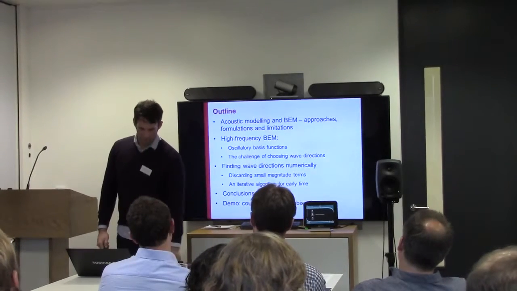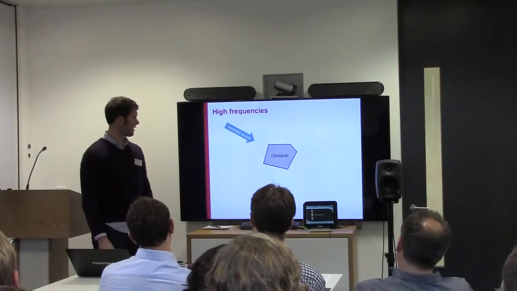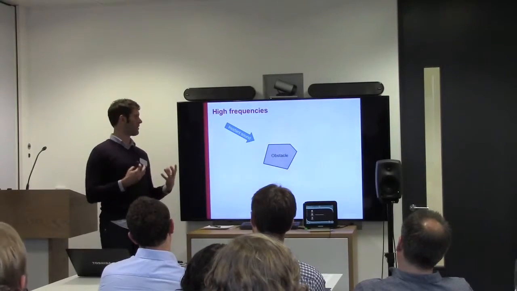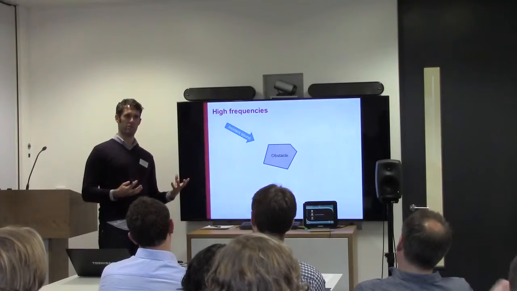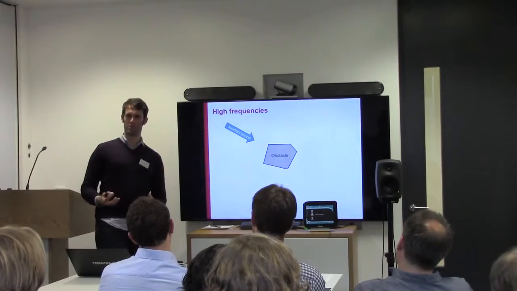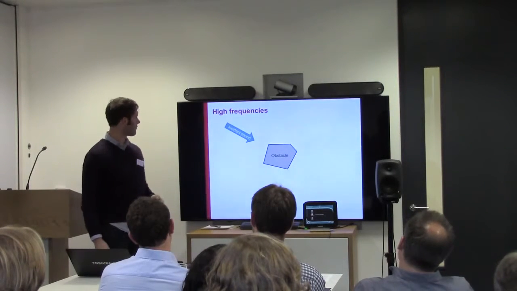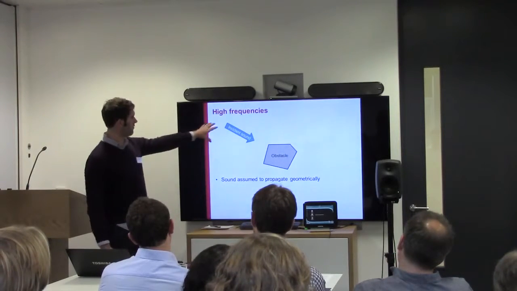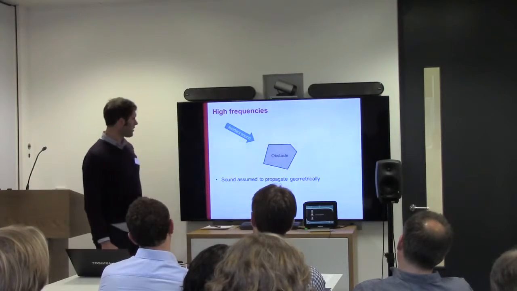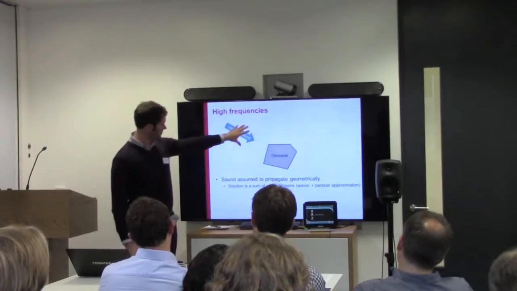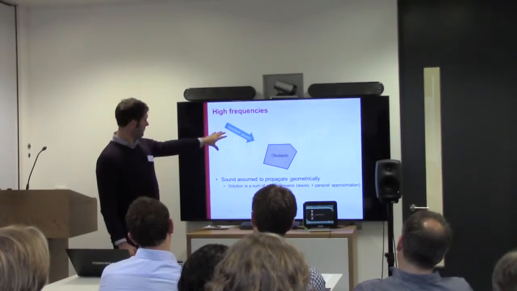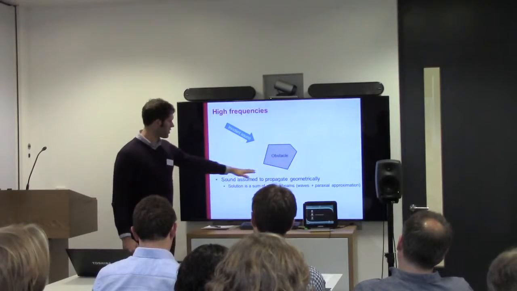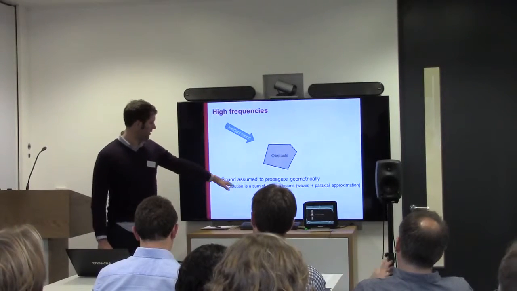Okay, so as is well established, generally people use quite different simulation tools at high frequencies and low frequencies. At high frequencies, you tend to assume that sound propagates geometrically. So we've got a wave coming in and hitting an obstacle, propagating as some sort of phase beam.